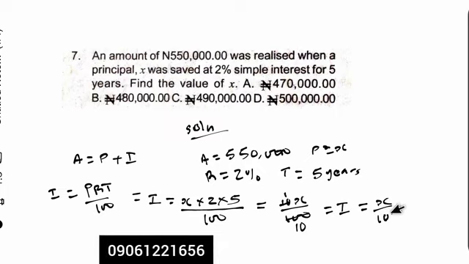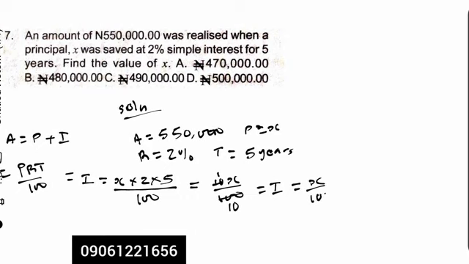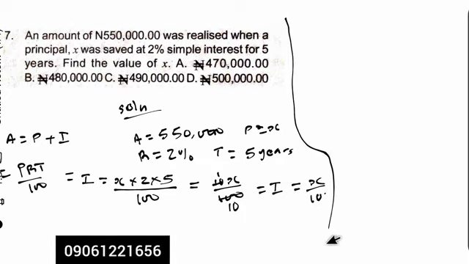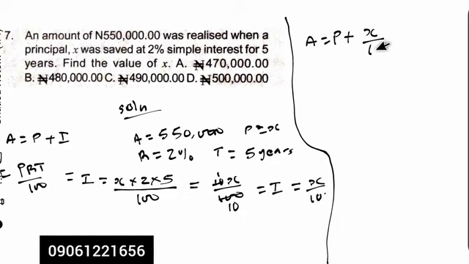Now let's put this into the amount formula and we get our answer. So the amount A is equal to P plus the interest, and the interest is S over 10.